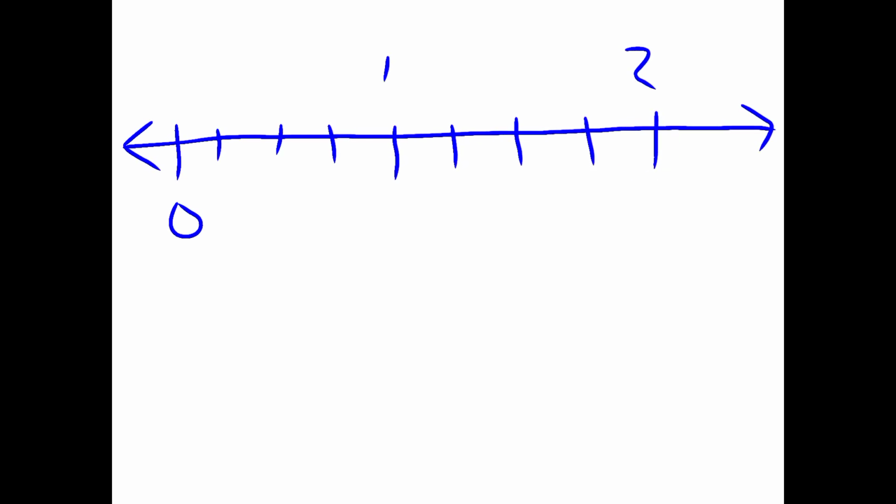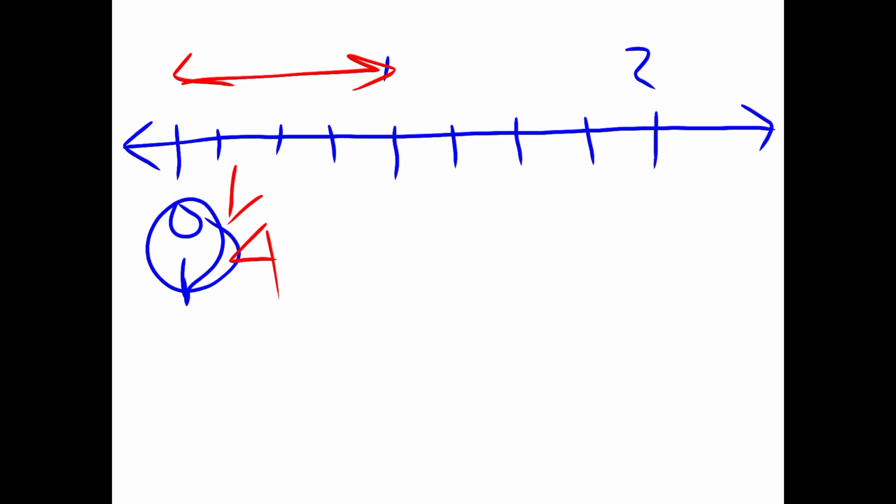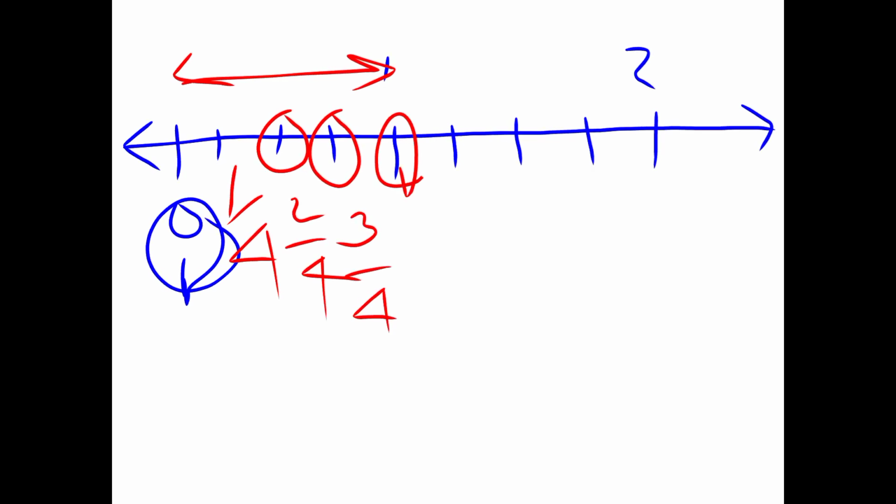Then try representing the rational numbers. If this one is 0, since this distance is divided into 4 equal parts, this will be 1 by 4, this will be 2 by 4, this will be 3 by 4 and this will be 4 by 4, that is equal to 1, right?